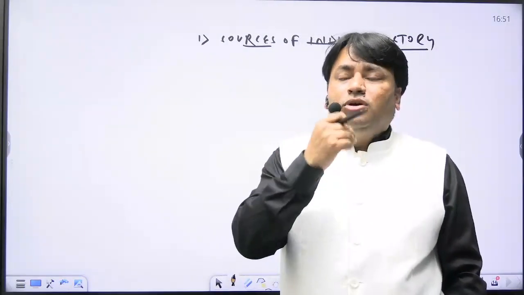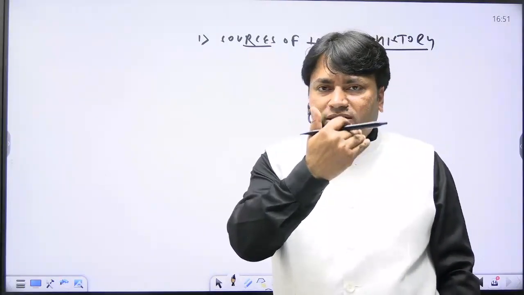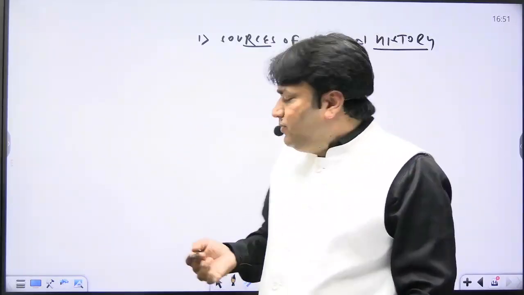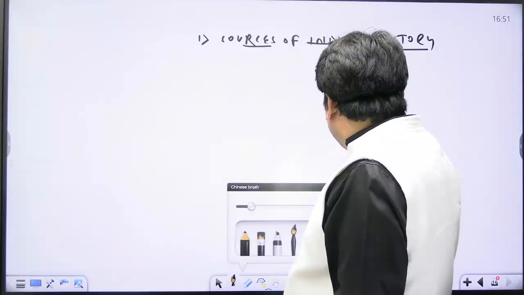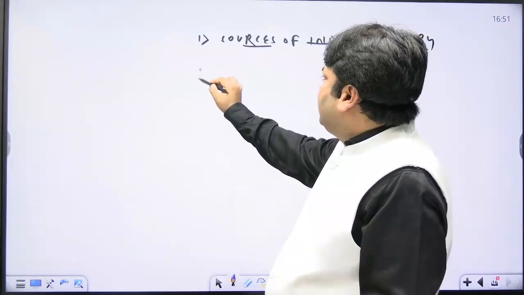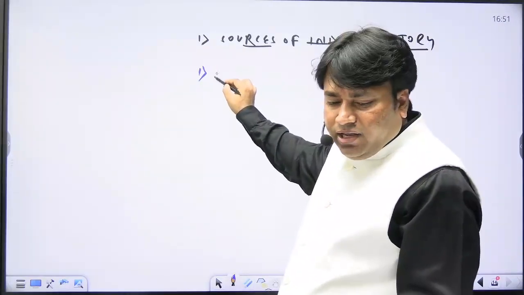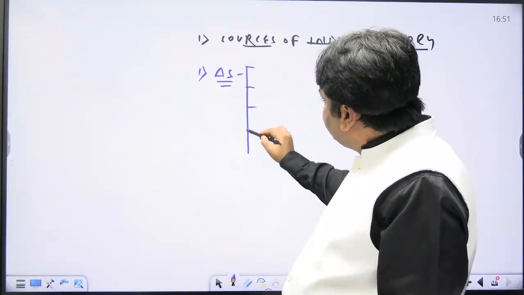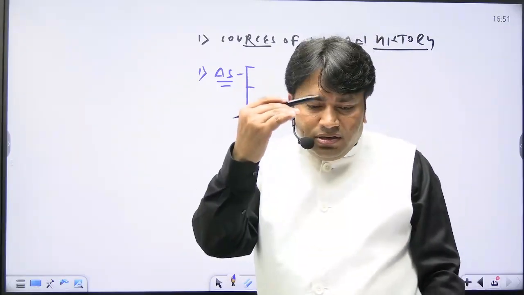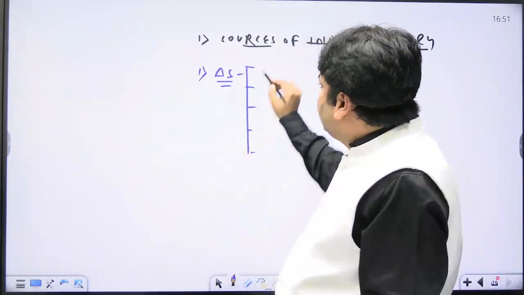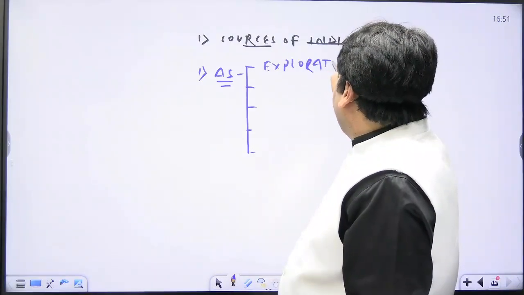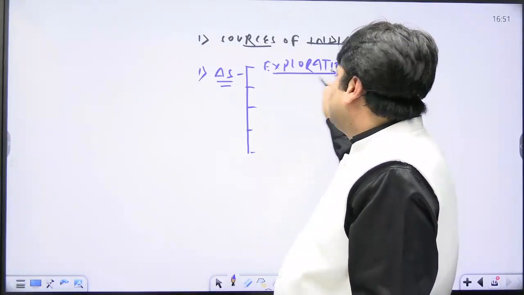In prelims also you will find that UPSC is now asking many questions related to the sources of history. In this chapter there are three subtopics. The first topic is archaeological sources, and in this, what are the subtopics given? One is exploration. You need to be very careful about the syllabus and the topics.